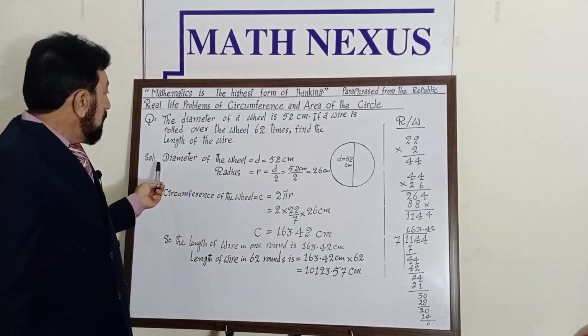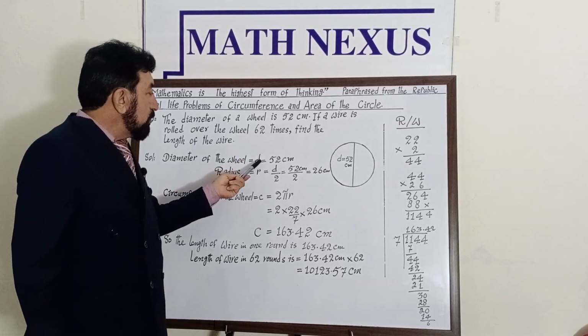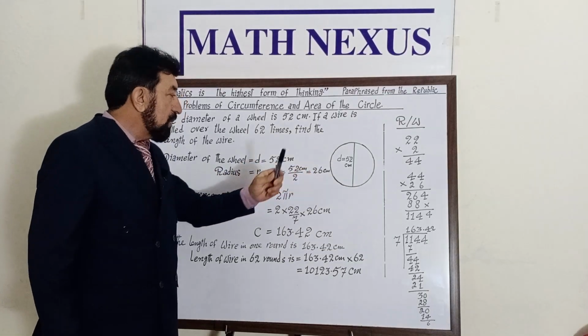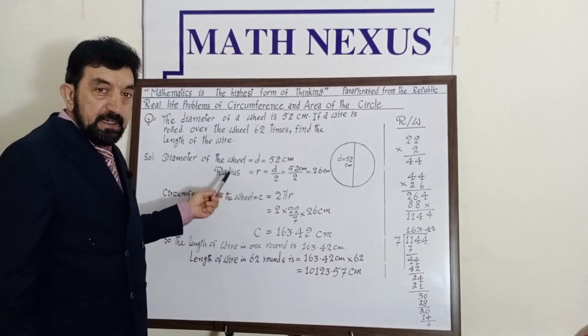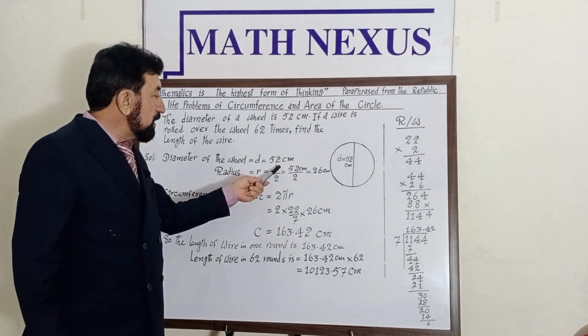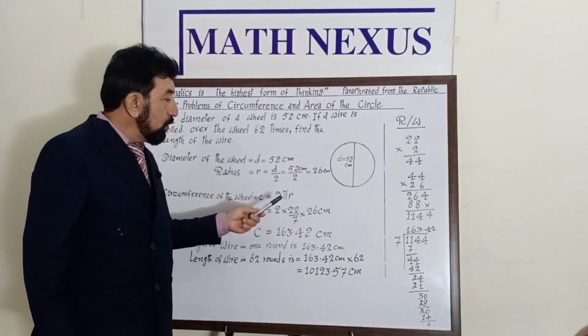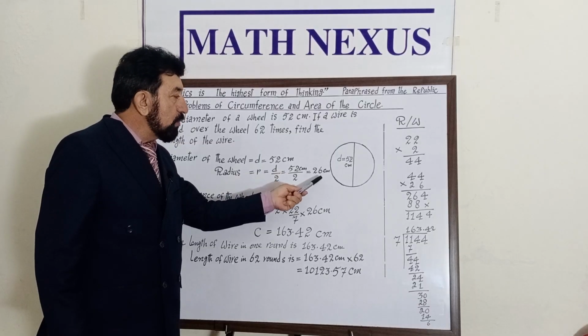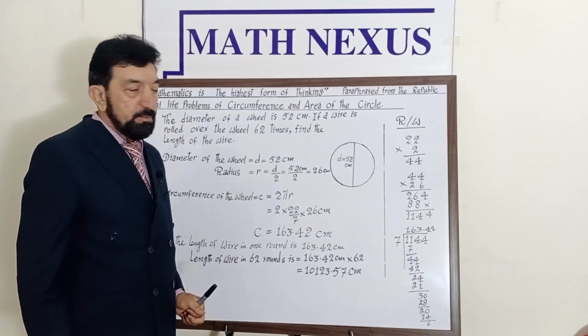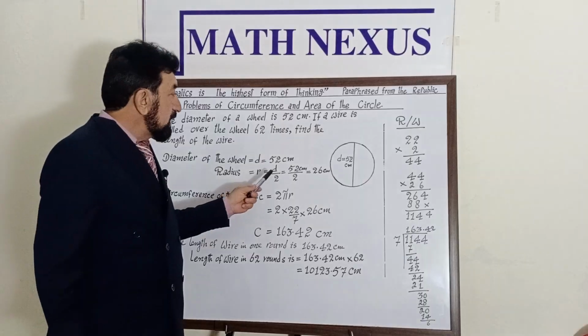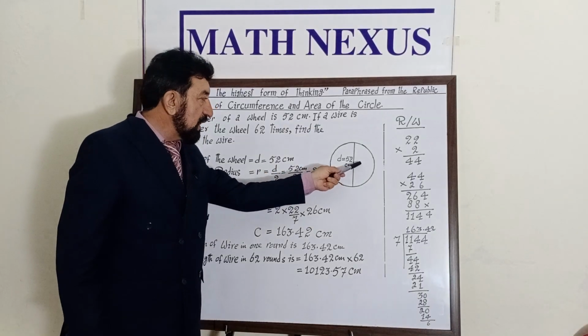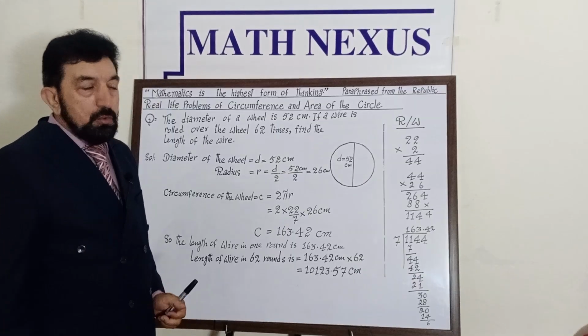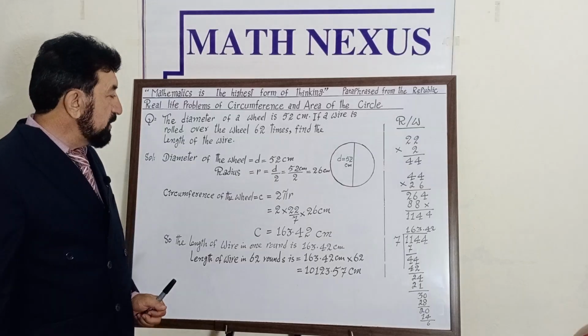We have diameter of the wheel equal to D, 52 centimeter already given, and radius is equal to R equal to D upon 2. Putting the value of d 52 centimeter upon 2, this is equal to 26 centimeter. It means radius of the circle is equal to 26 centimeter.